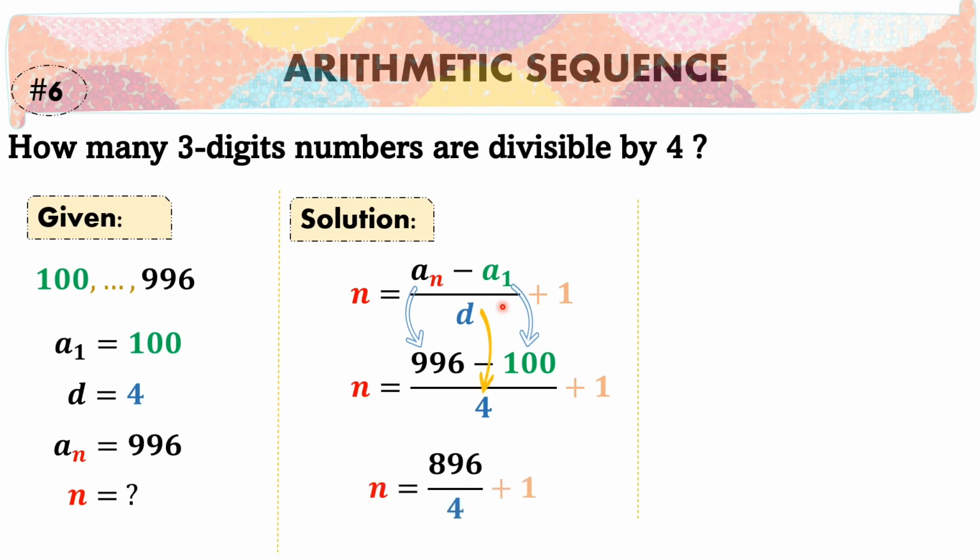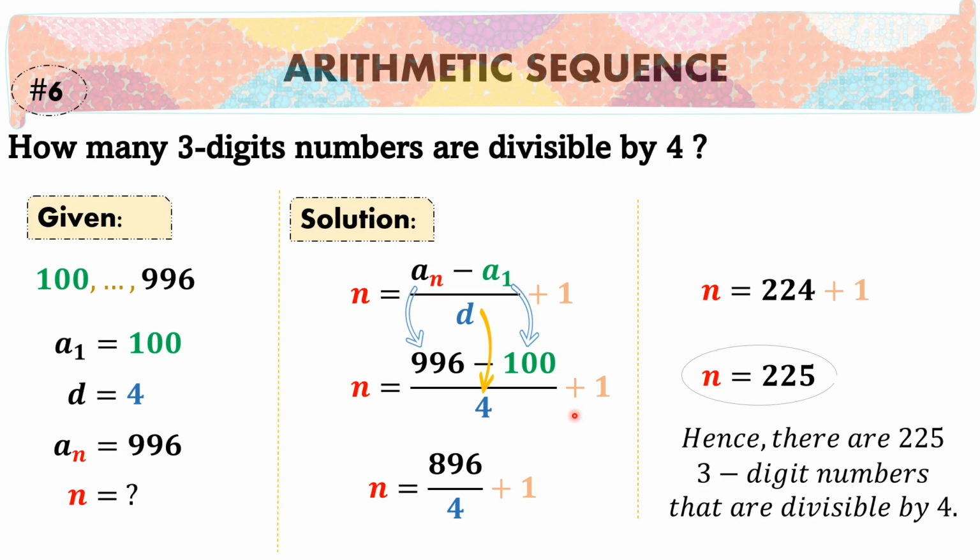Performing the operation, 996 minus 100 is 896, divided by 4 is 224, plus 1. N is 225. Hence, there are 225 3-digit numbers that are divisible by 4.